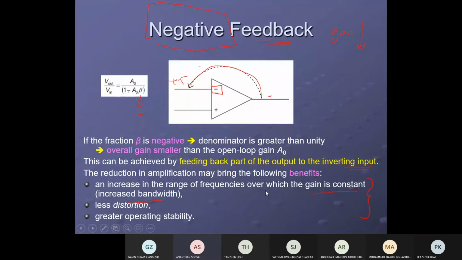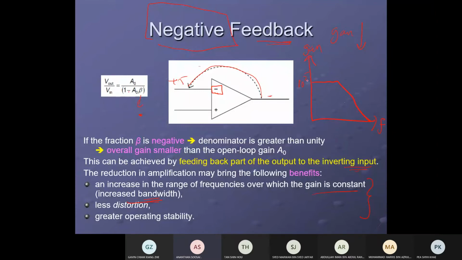To understand this, I need to draw one graph, because there is one graph missing in this slide. The graph is gain versus frequency. The gain versus frequency for an operational amplifier is like this: a flat line and then the line goes to 0. Normally the gain is 10 to the power of 5. What is bandwidth?